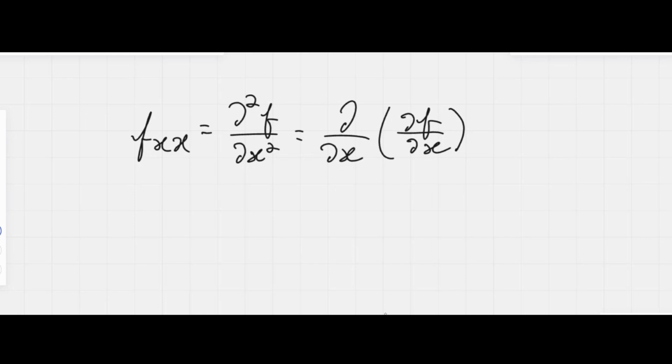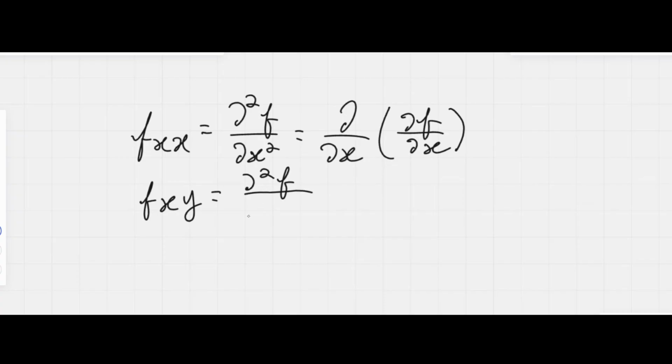The key thing here comes when we're trying to do the partial derivative of the partial derivative of f with respect to x with respect to y. So what that means is we might first find the partial derivative of f with respect to x and find its partial derivative with respect to y. And so what this looks like notation-wise, at least, is like this.